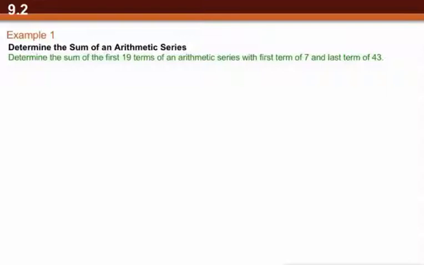information we have. Determine the sum of the first 19 terms of an arithmetic series with a first term of 7 and a last term of 43. The easiest way to do this is to define the variables. Determine the sum, that would be Sn. We don't know what that is. 19 terms, that's how many.